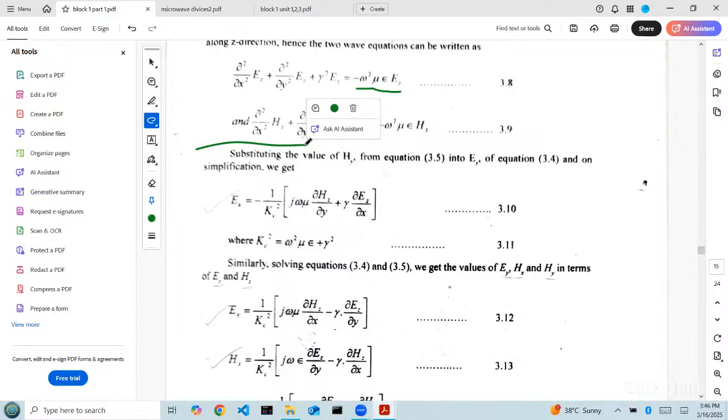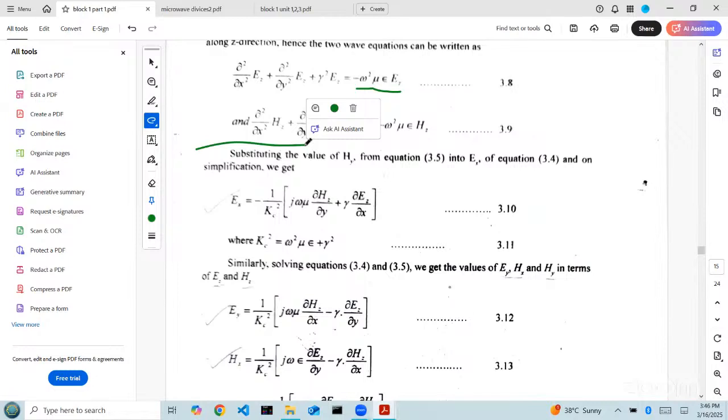In 3.5 we have the second equation. What is the second equation? Minus dou Z by dou X minus gamma equals minus j omega mu times Hy. From this, take Hy. That one you have to substitute in the first equation of 3.4.